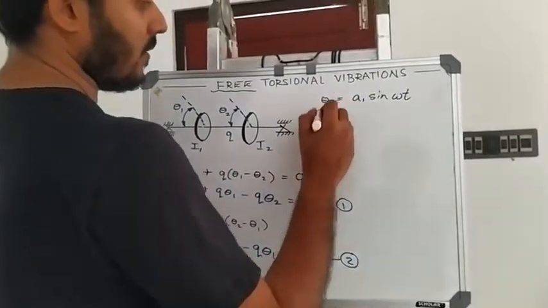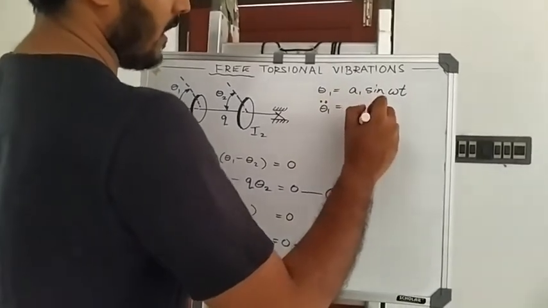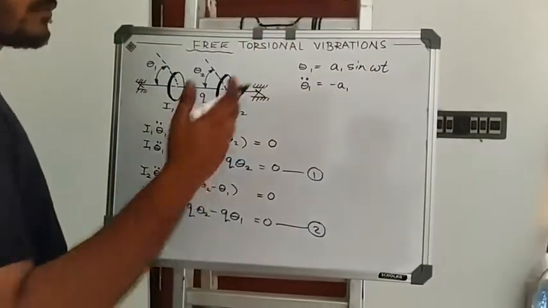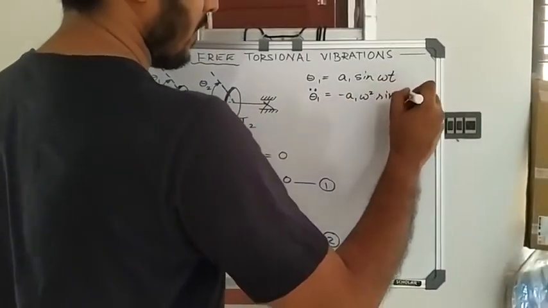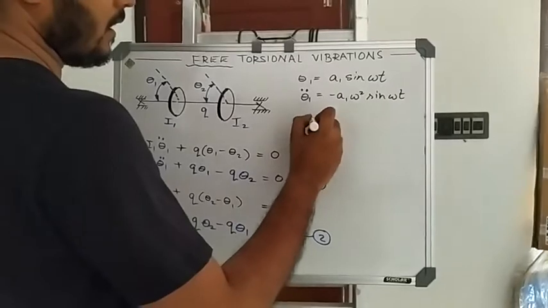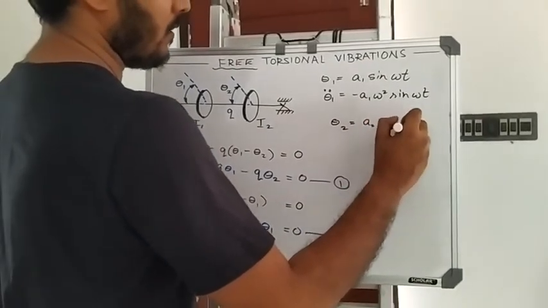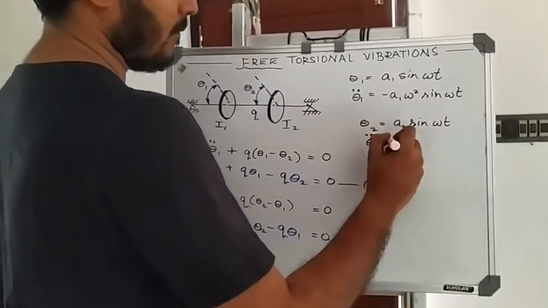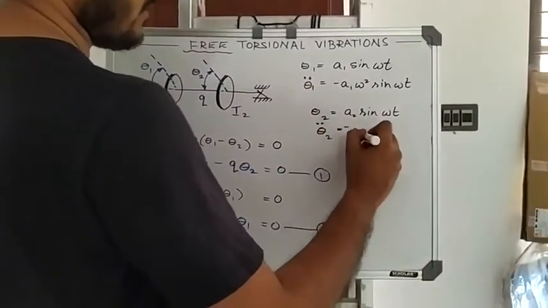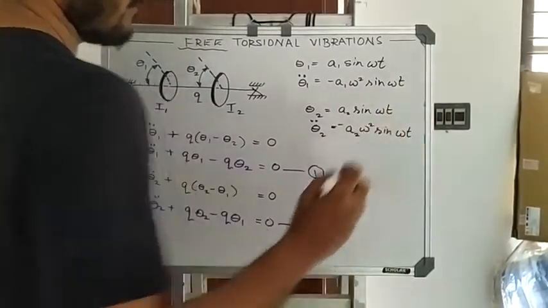If theta 1 is this one, theta 1 double dot will be what? Minus a1 omega square sine omega t, as you are differentiating it 2 times with respect to t. Similarly, let theta 2 be equal to a2 sine omega t. Then theta 2 double dot will be what? Minus a2 omega square sine omega t.